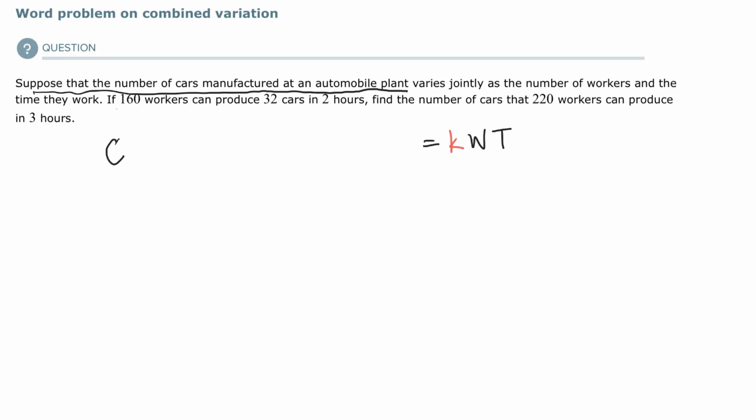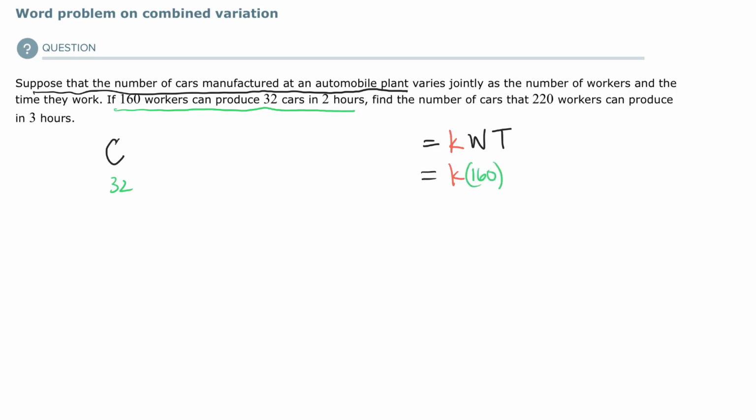Let's read the second sentence. If 160 workers can produce 32 cars in 2 hours, let's just read the fragment of the second sentence. Let's see what that says. We could plug in a 32 here. We could plug in a K. A W is what? The number of workers, which is 160, by the way.